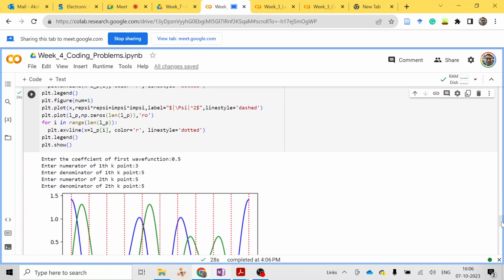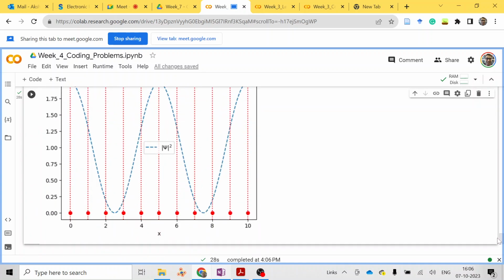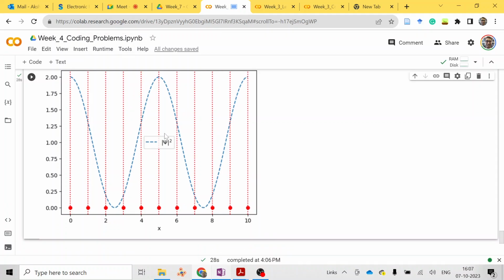Again, the periodic boundary condition is being satisfied, but we are not seeing it for mod of psi square. That Bloch condition is not being satisfied. So this is not a correct answer. So D option doesn't work.